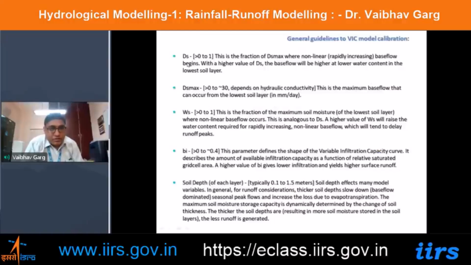As I have told you, Ds max, Ws, bi, and the soil depth are the calibration parameters. If your output does not agree with the observations, then you can slightly change the values of these parameters and calibrate your model.